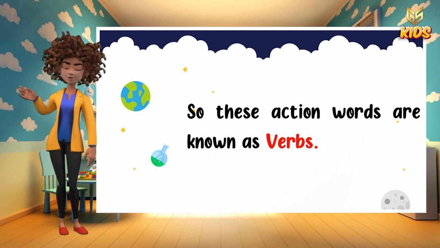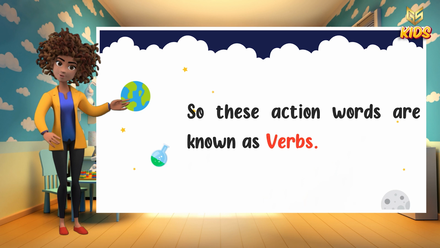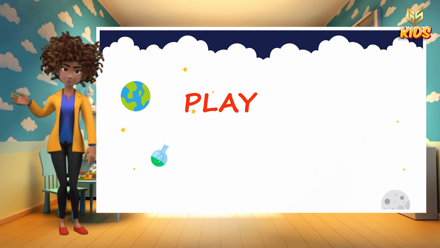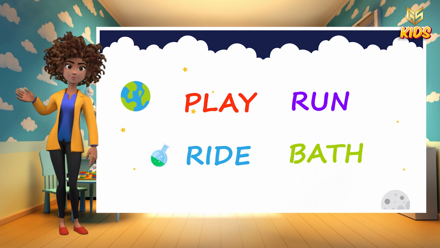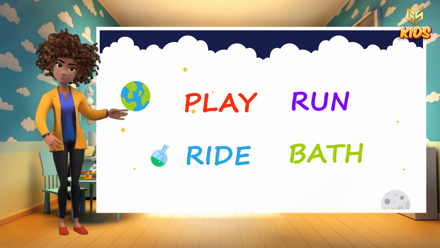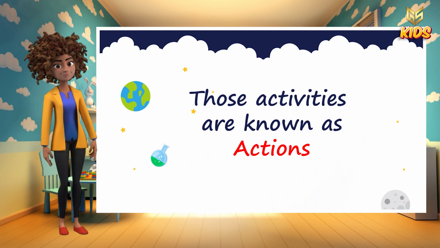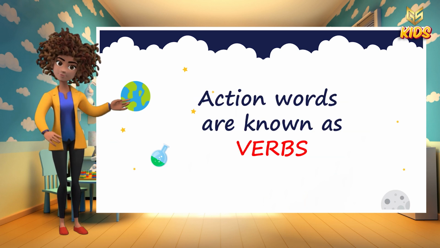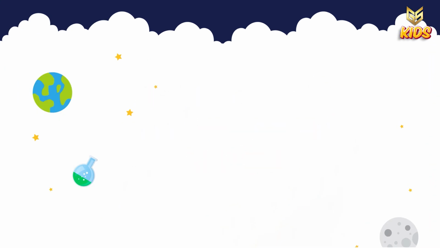What are verbs? Verbs are basically action words, right? And what are the action words? Play, run, ride, bath. Many activities that we do in our day-to-day life. And those activities are known as actions and those action words are known as verbs. Isn't it very simple to understand what is verb?